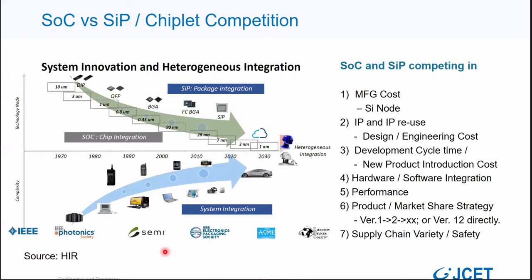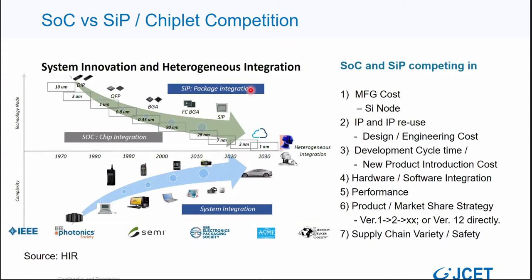From the system innovation and heterogeneous integration point of view, with the scaling of the silicon node, there are still two ways to go. One is SoC chip integration, the other is SiP. SoC and SiP are always competing.